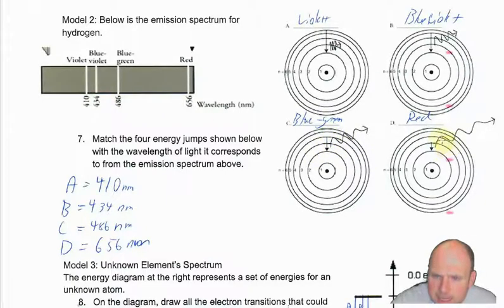And then D is only a single drop from 3 down to 2, which will give us the largest wavelength, which is actually the smallest energy, and that's our red one. So that's the last of the 4 waves there. So again, A is 410, B is 434 nanometers, C is 486 nanometers, and D is 656 nanometers.